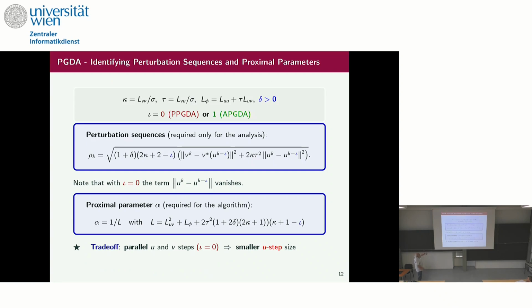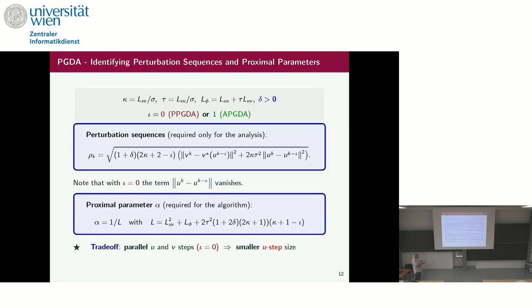Just to give you an idea, these are very neat formulas because they are all closed. Everything is well defined. You have all the parameters here, which are defined in terms of the Lipschitz constant. You have your iota, which defines which class of algorithm. Again, I reiterate, this is only required for the analysis. You can see that this term is vanishing when we are in the parallel setting.